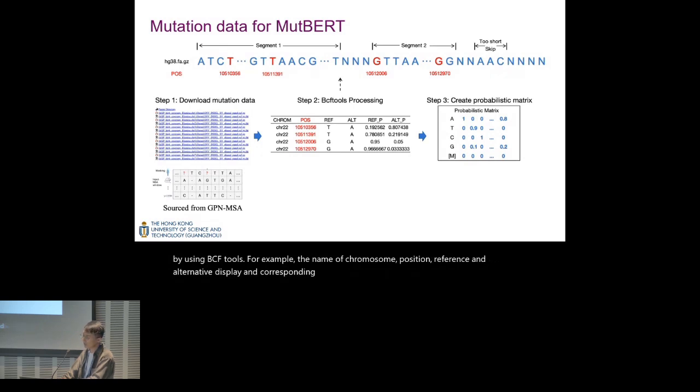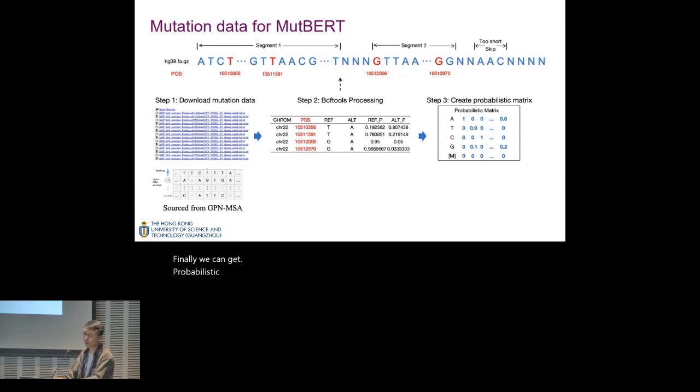Then we split the whole human genome by base pair of n, and we skip the segments that are too short. We can use the position information to align the segments, because we split the whole genome by base pair of n. We can apply the segments with the detailed information in the table, and finally we get a probabilistic matrix.